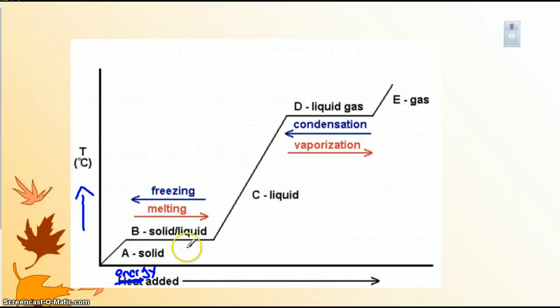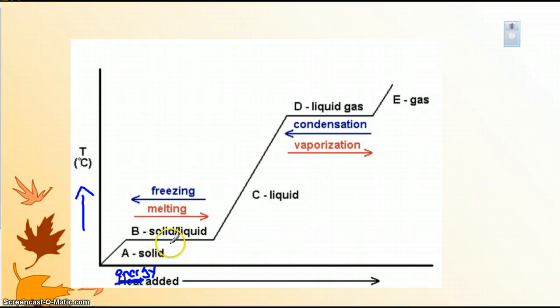So energy added, temperature added. What we have here is matter starting off as a solid. When energy and temperature increase, that solid meets the freezing and melting point. That's right here. So it could be a solid, it could be a liquid at this point. For water, we know that it's 32 degrees.